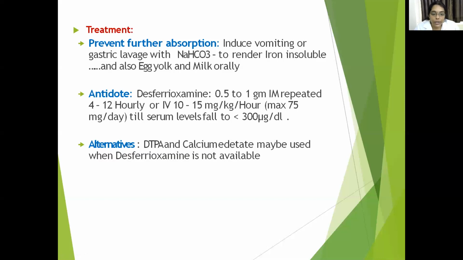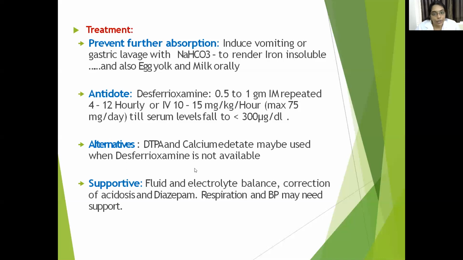Then what are the other alternatives? DTPA and calcium edetate are also other chelating agents which may be used when desferoxamine is not available. The last is supportive treatment with fluid and electrolyte balance, correction of acidosis, diazepam for convulsions, and respiration and BP also need to be maintained.